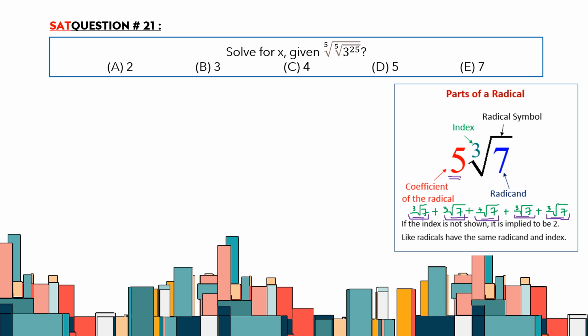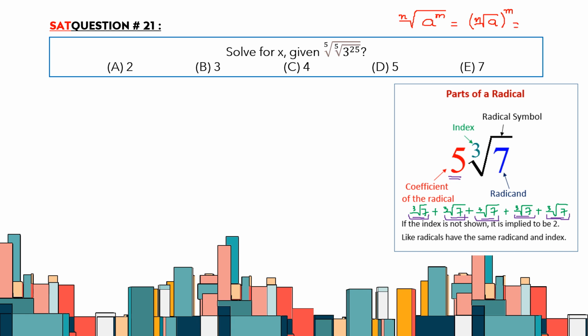Then we have some of the formulas. We will have the n root of some number a to the m power. This is also equal to the n root of a, all to the m power.